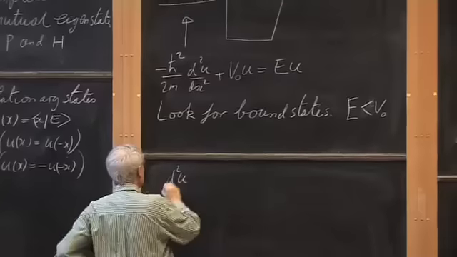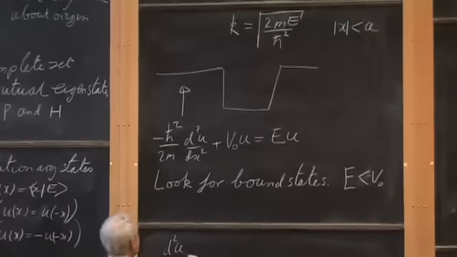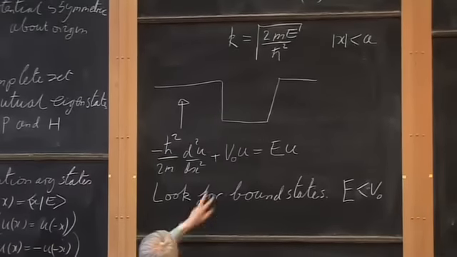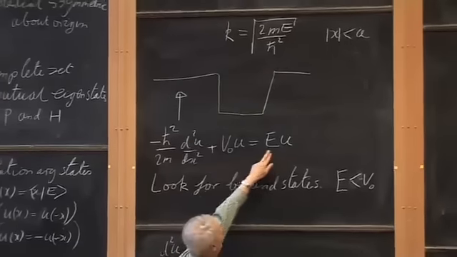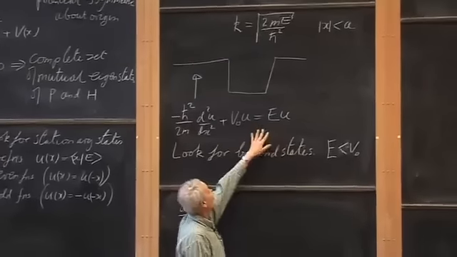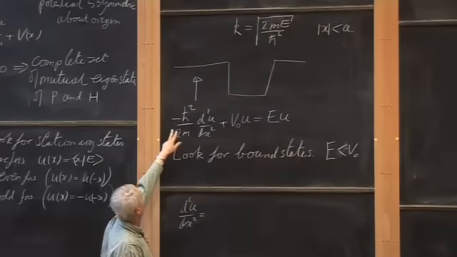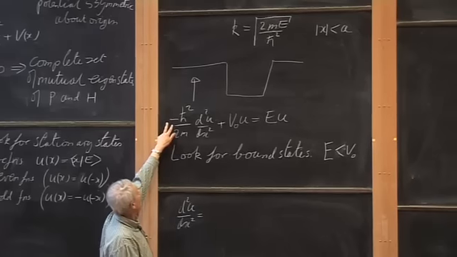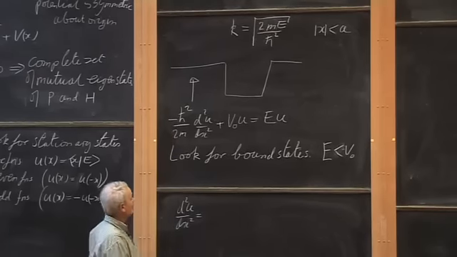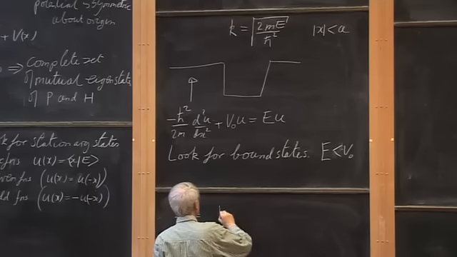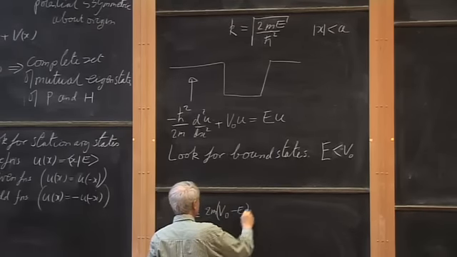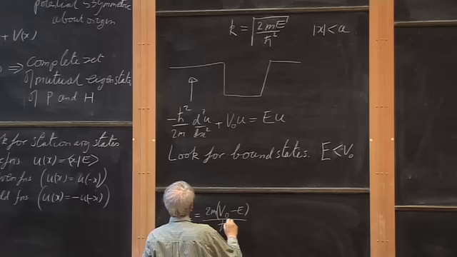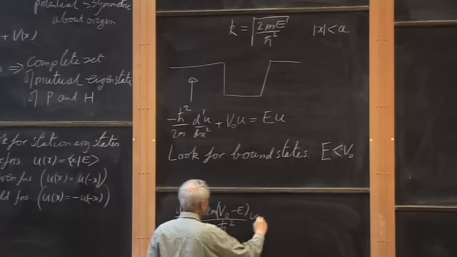Well, then this equation becomes d2u by dx squared is equal to, if we put this onto this side, since V0 is by hypothesis bigger than E, we have a negative right-hand side, and we can cancel the minus signs on the two sides. So we have 2m (V0 minus the energy) over h bar squared times u.